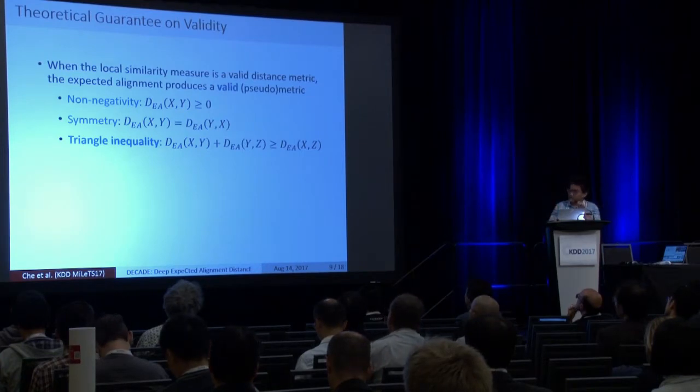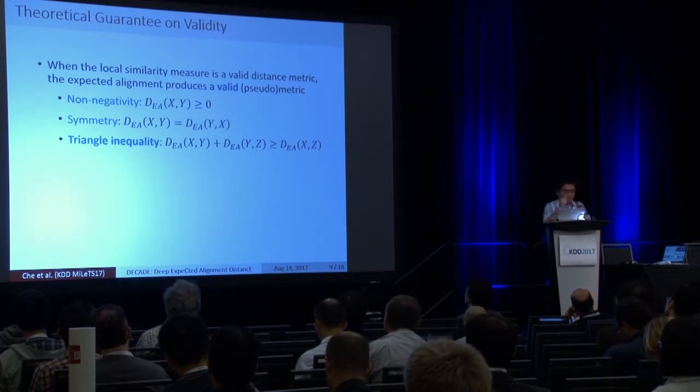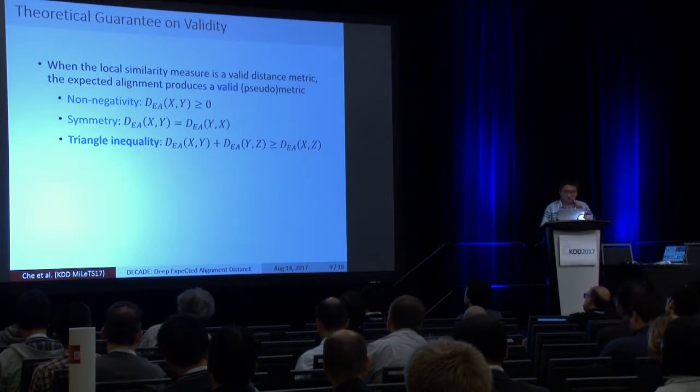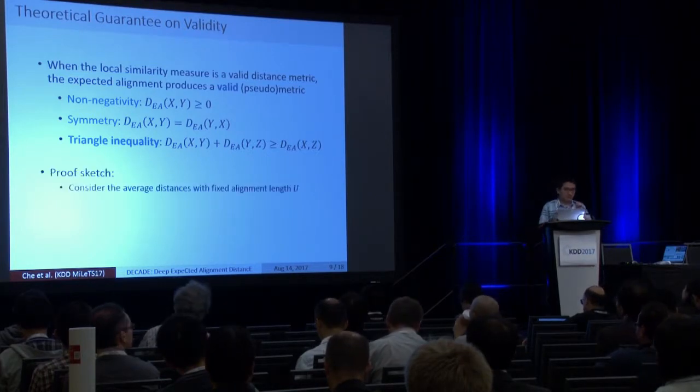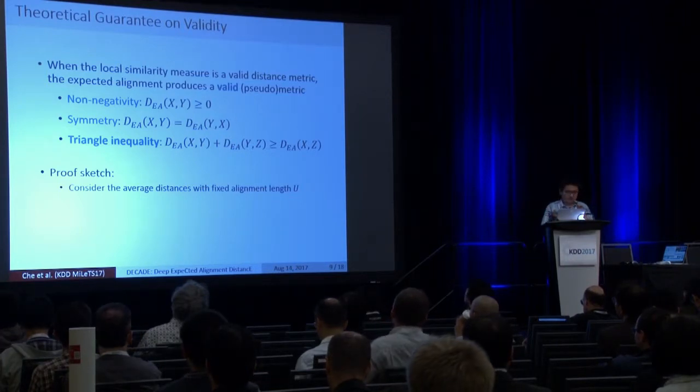The first thing is that we want to make sure this distance metric is a valid metric. To be more specific, it should satisfy non-negativity, symmetry, and the triangle inequality. The last one is the most important one, because most existing methods fail on that. In order to prove this triangle inequality, we can first consider the average distance.